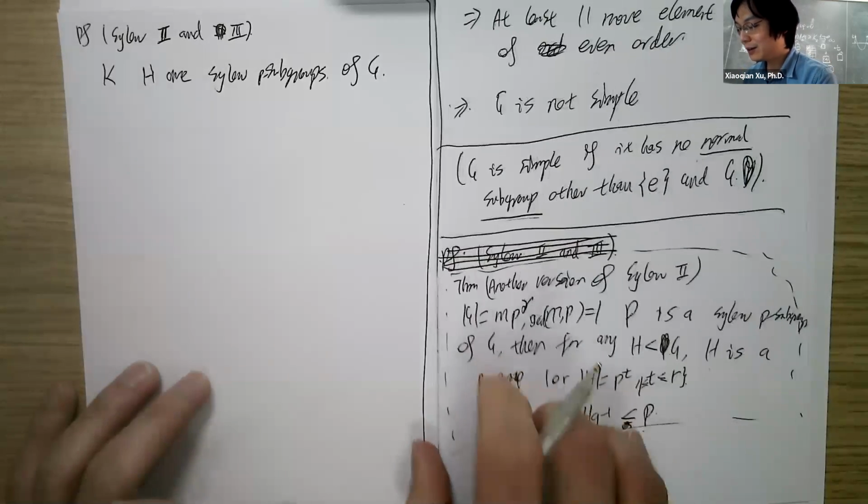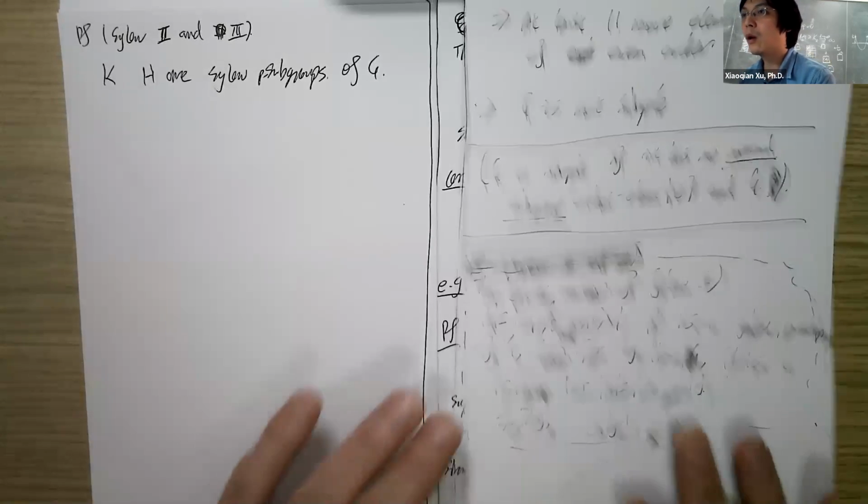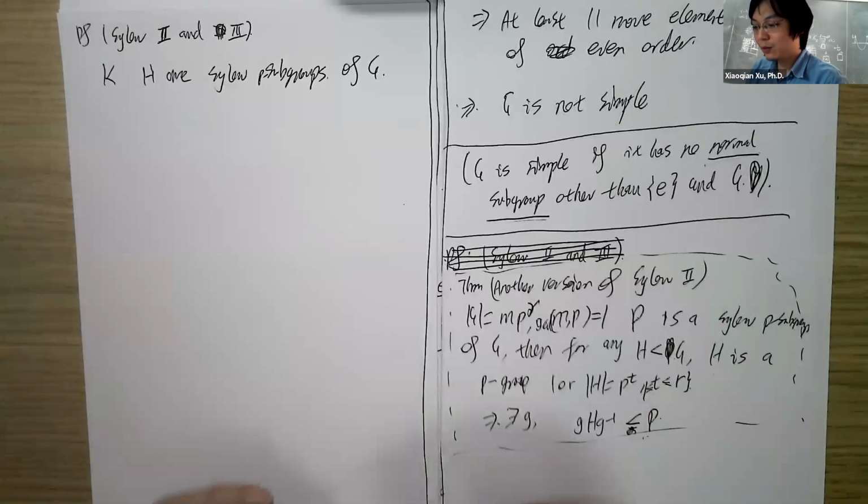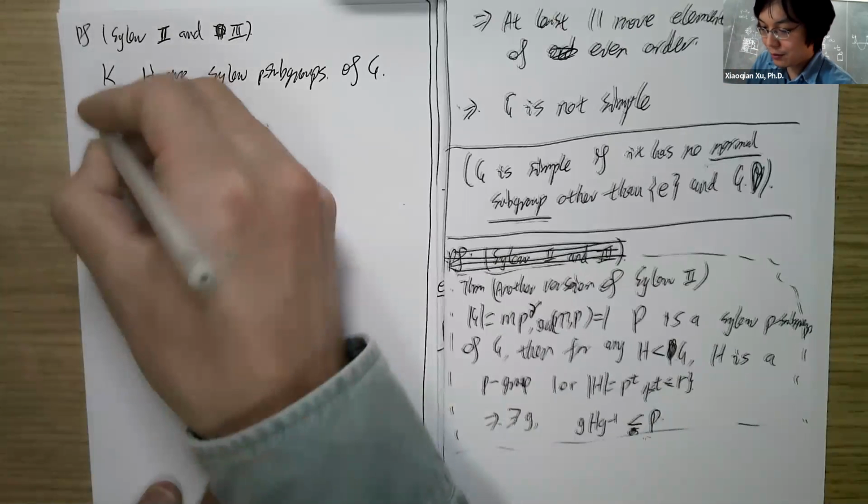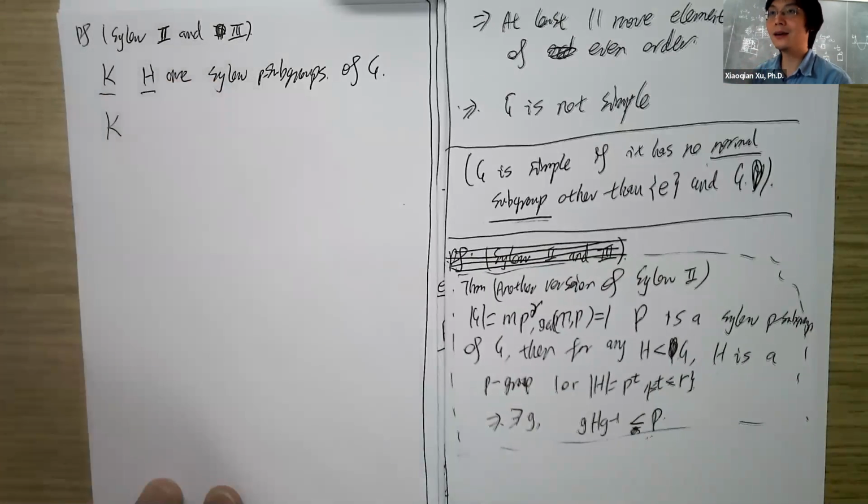So again, remember what we want. We want to show that H and K are conjugate to each other, right? How can we show that? This is not so easy, but let's try to use a group action in a very smart way.